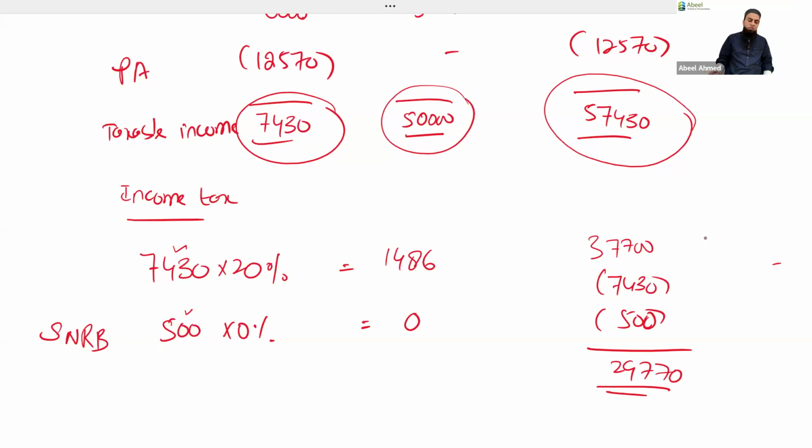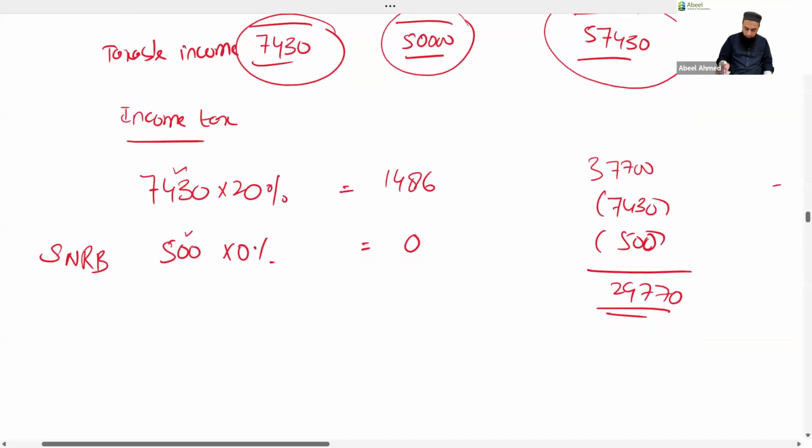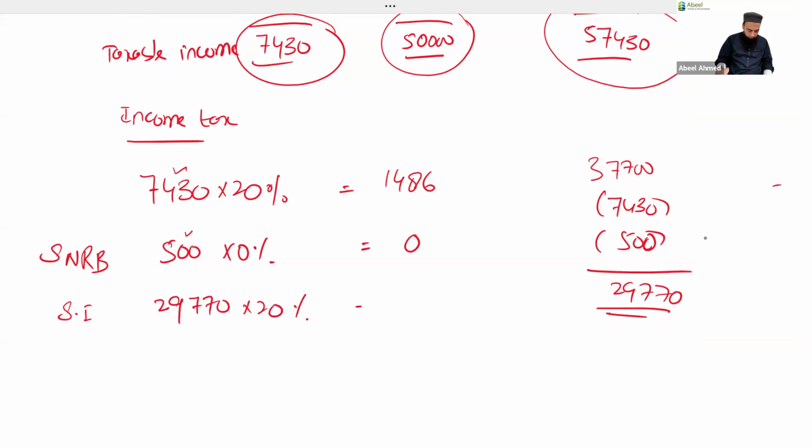So still in the basic rate band, we have a limit of 29,770. Saving income, basic rate band 29,770, applicable rate is 20%. 5,954.